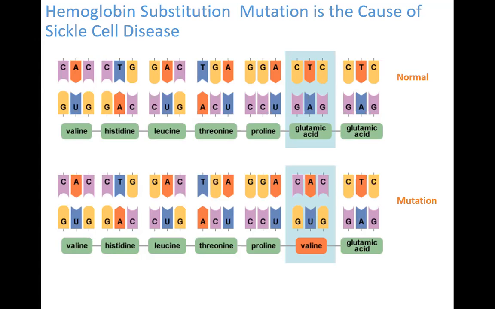Red cells are supposed to be squishy and squeeze through little tiny capillaries. They can't do that when they're brittle. They have a real problem. So one little mistake turns out to have some very significant consequences.